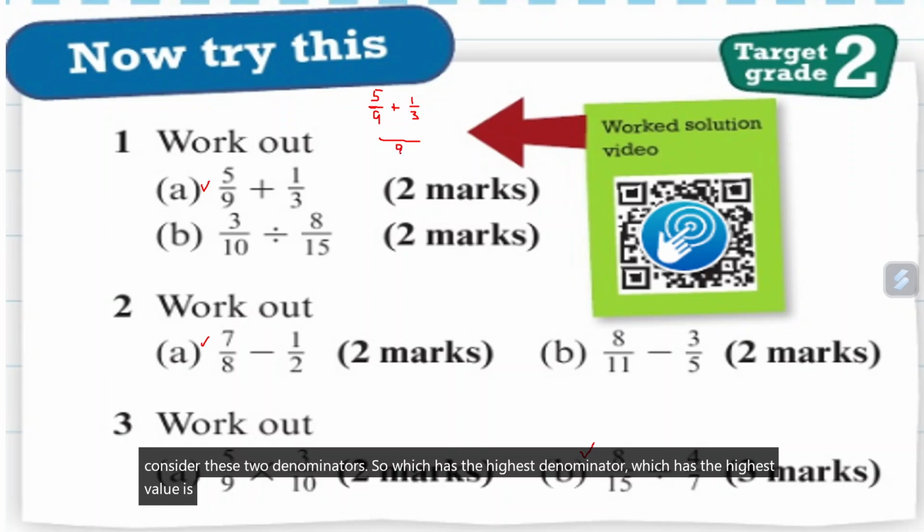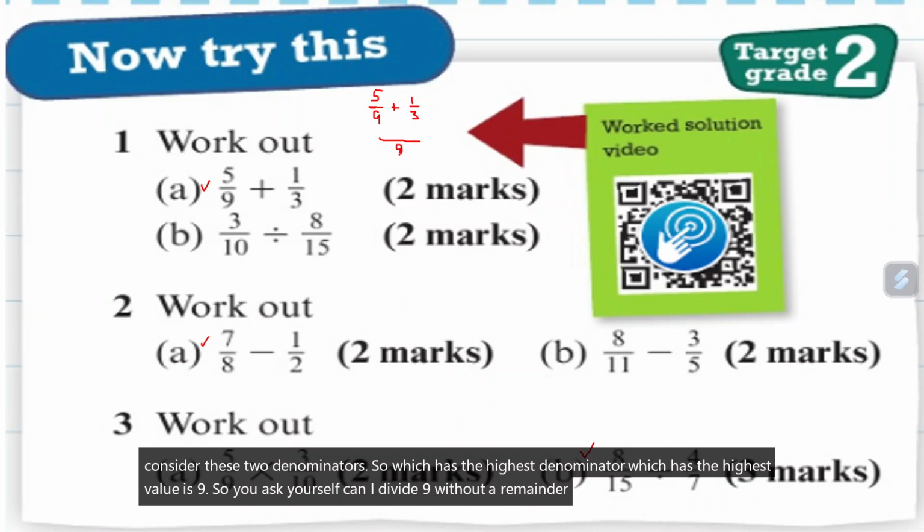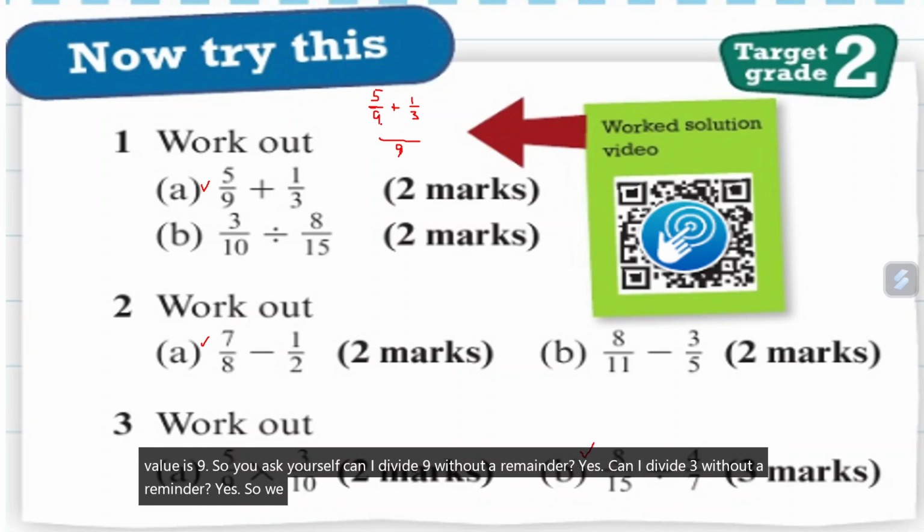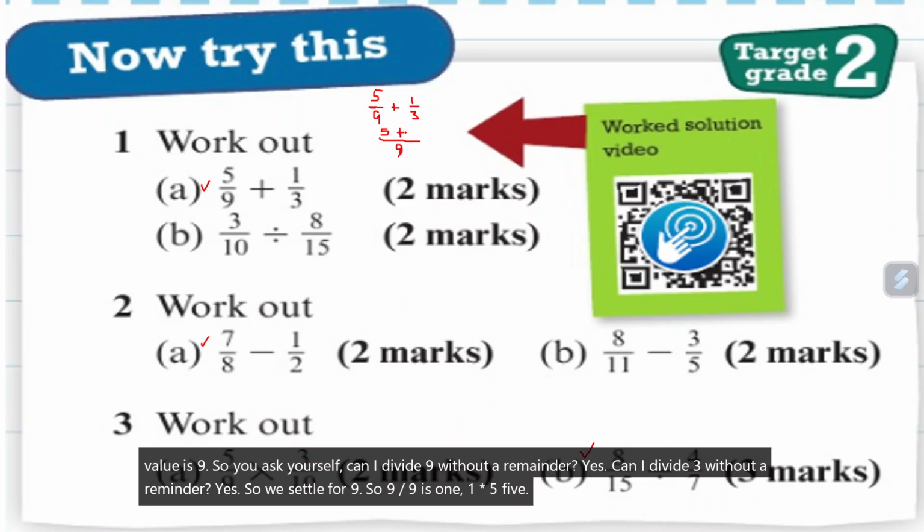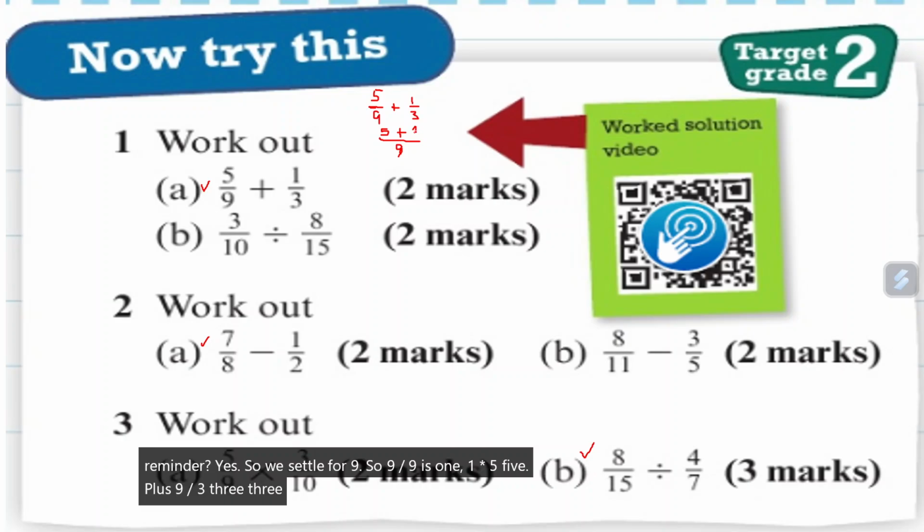So you ask yourself, can 9 divide 9 without a remainder? Yes. Can 9 divide 3 without a remainder? Yes. So we settle for 9. So 9 divided by 9 is 1. 1 times 5, 5, plus 9 divided by 3, 3, 3 times 1, 3. You add both.